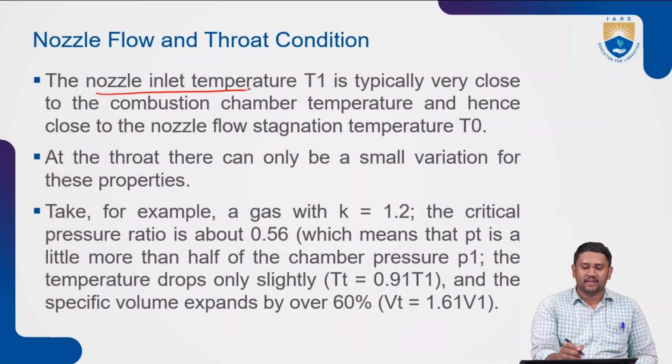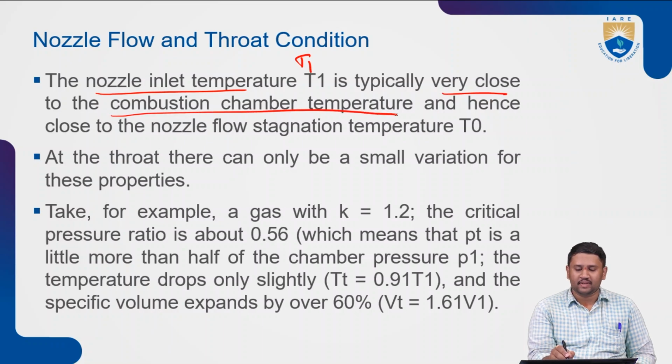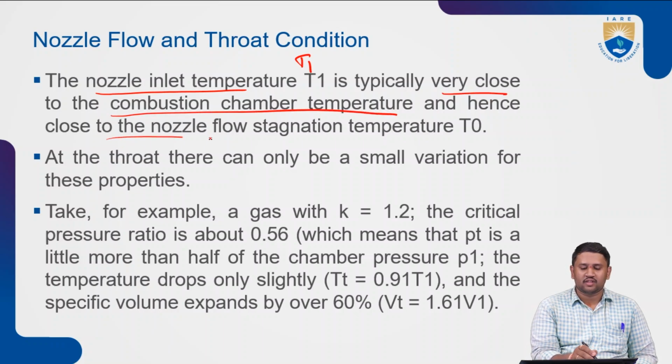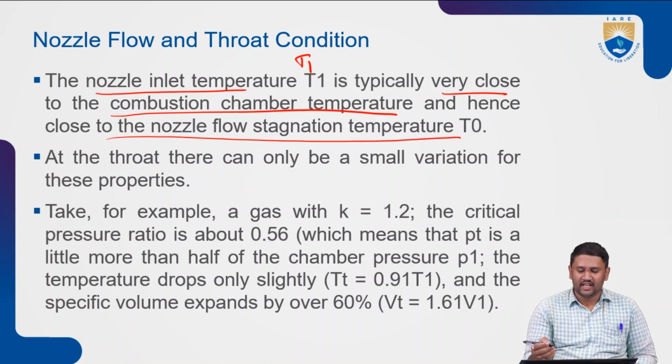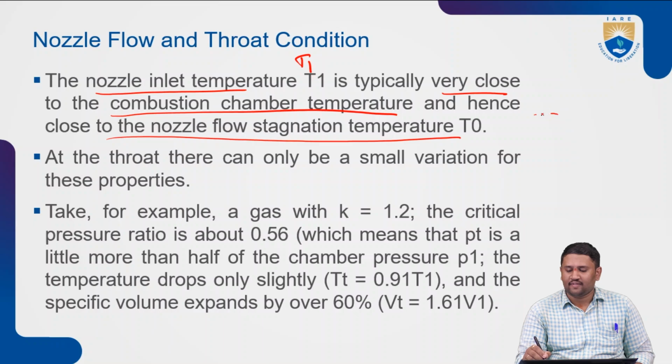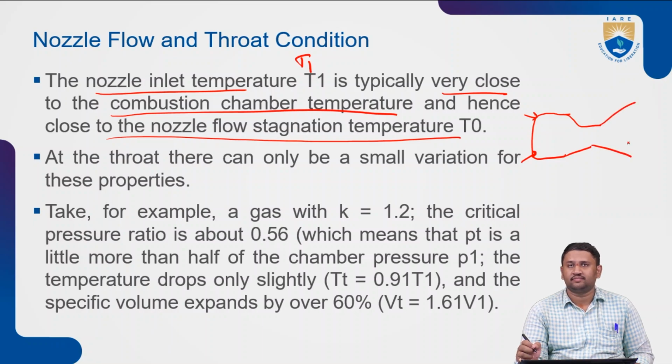The nozzle inlet temperature T1 is typically very close to the combustion chamber temperature, and hence close to the nozzle flow stagnation temperature T0. Why? Because the flow from the combustion chamber is fed directly to the nozzle, right?